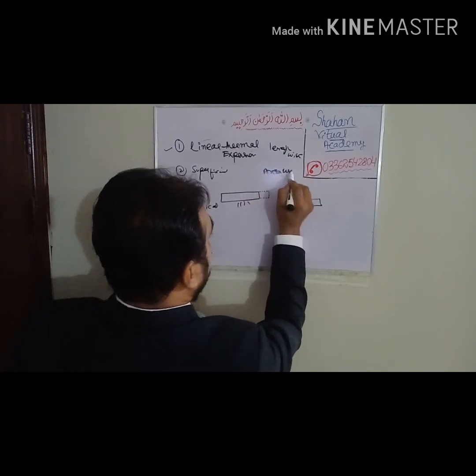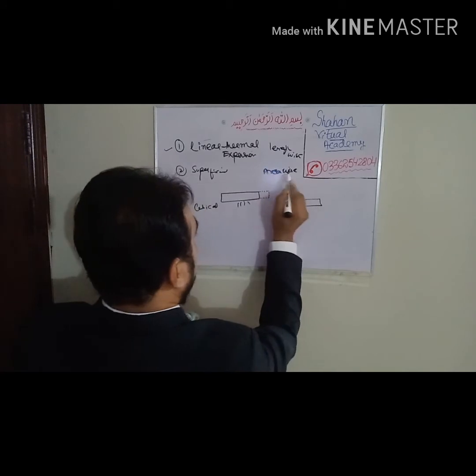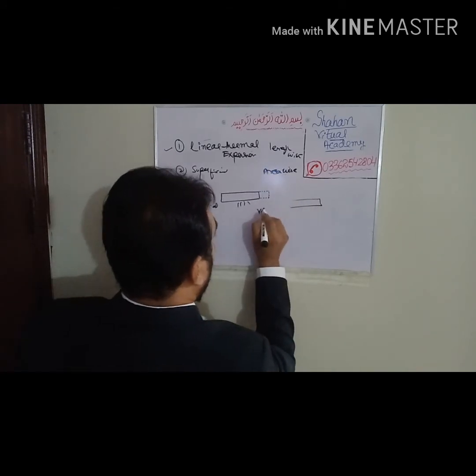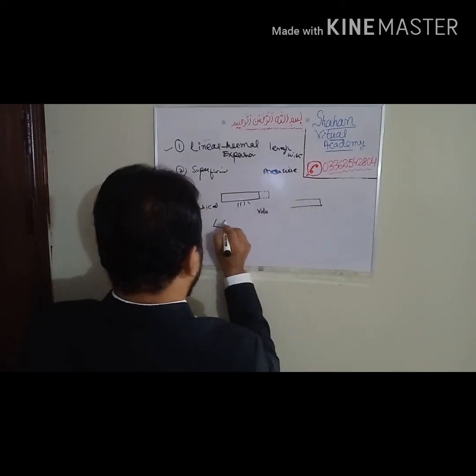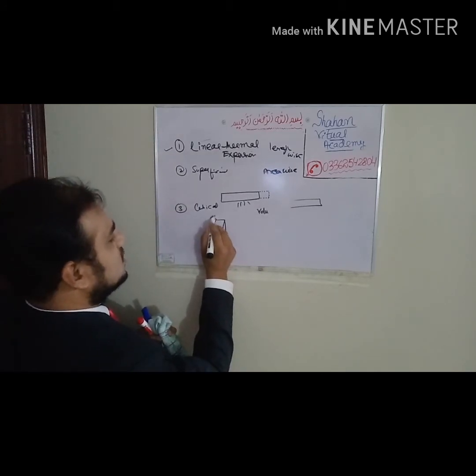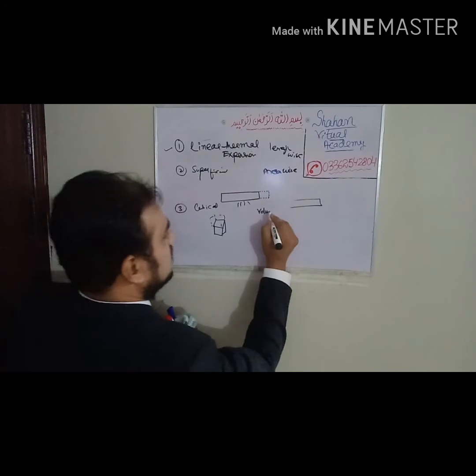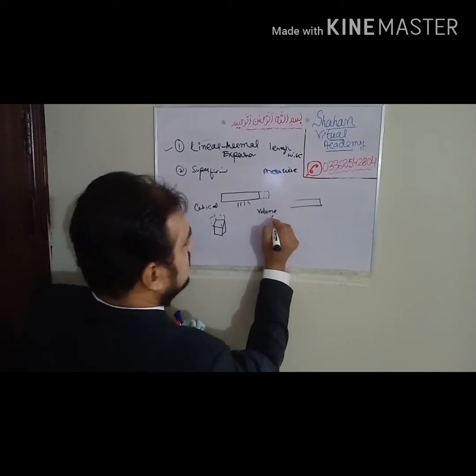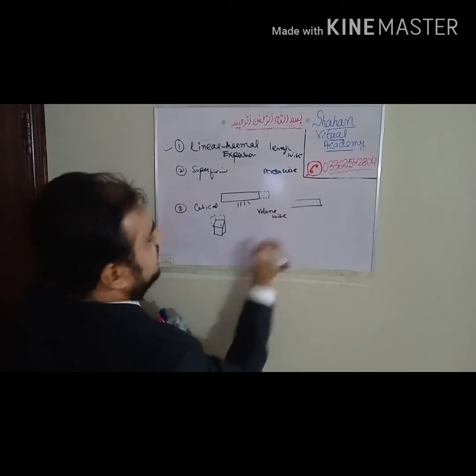What is area wise called? Superficial. And cubical means volume wise. If you heat a cube, it increases volume wise. This is cubical expansion.